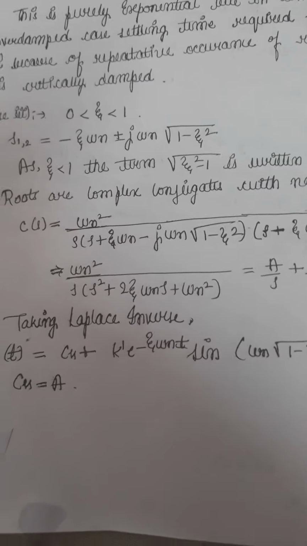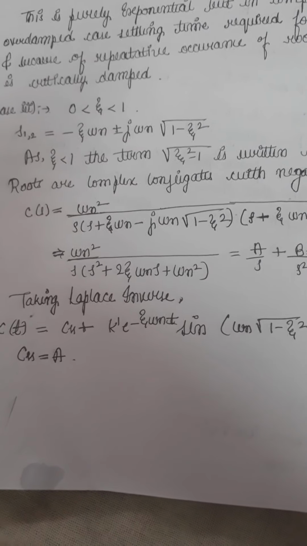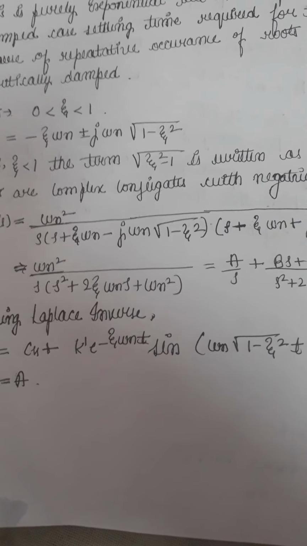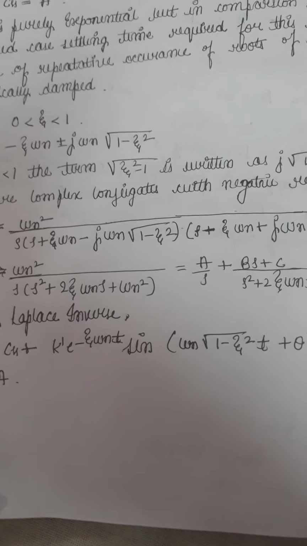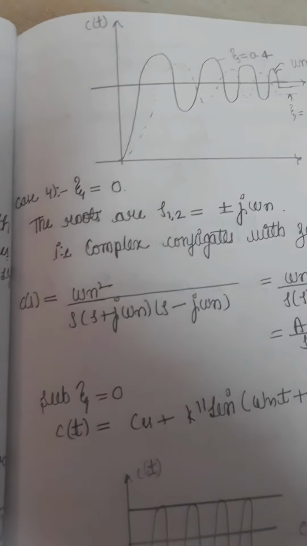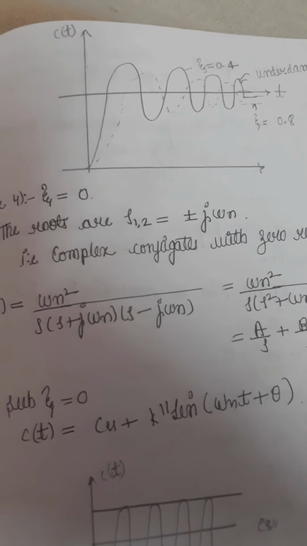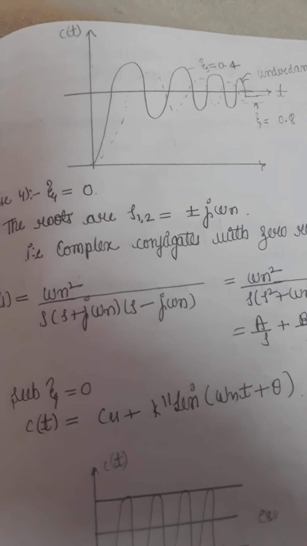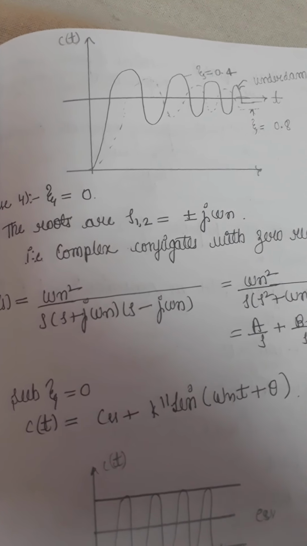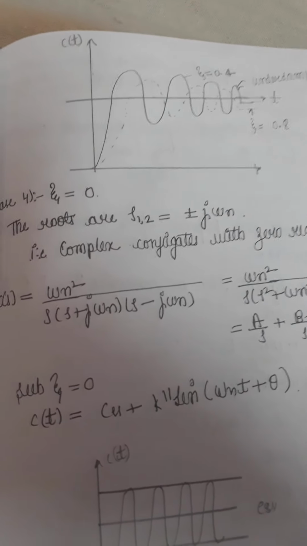Again if you take the Laplace transform and solve this, you will get this expression. So here you will get an oscillatory response. Such an oscillatory response is referred to as underdamped. That means when the value of zeta is lying between 0 and 1, the case will be underdamped.